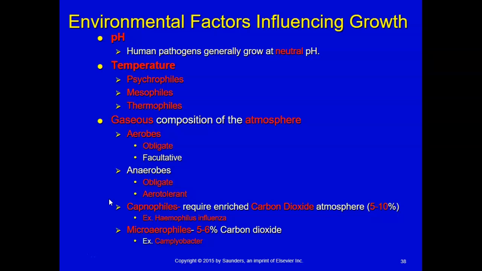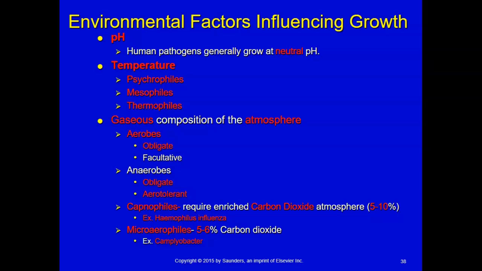Capnophilic organisms, or capnophiles, grow best in an atmosphere enriched with carbon dioxide, for a final carbon dioxide concentration of 5 to 10%. An example of a capnophile is Haemophilus influenzae. Those may grow in a candle jar, and that's exactly what it sounds like. It's a jar that we put our media in that's been inoculated with suspected Haemophilus influenzae, and then we put a candle in there.